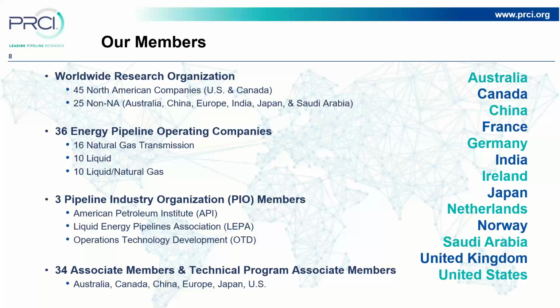And really, about half of our members are the pipeline operators, and the other half are the associate members, the service providers, the consultants, that certainly are a big part of our industry and what we do. Also playing a part are pipeline industry organizations that are members of PRCI, and you can see those listed here.